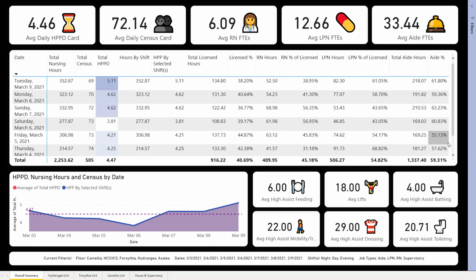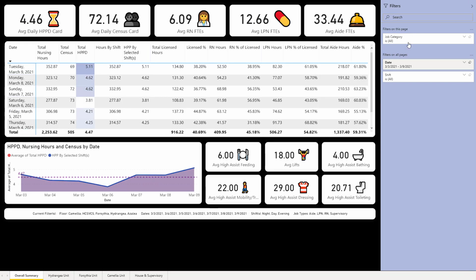This is the overall summary of your entire facility. It's going to give your current average daily HPRD, and that's essentially averaged over the last 7 days. However, I would like to point out over here on the right, I can hit that filter and change that date range to either a longer or shorter period of time, and this will adjust.